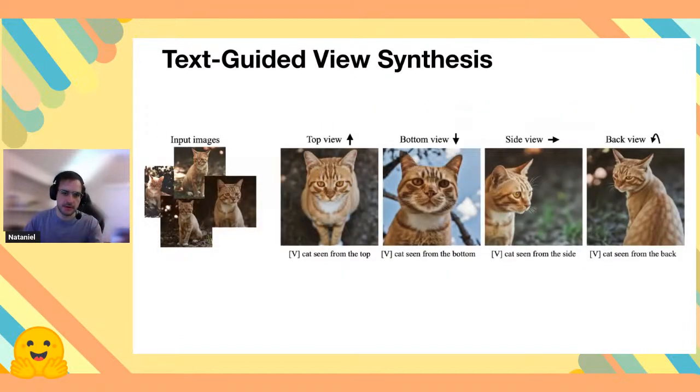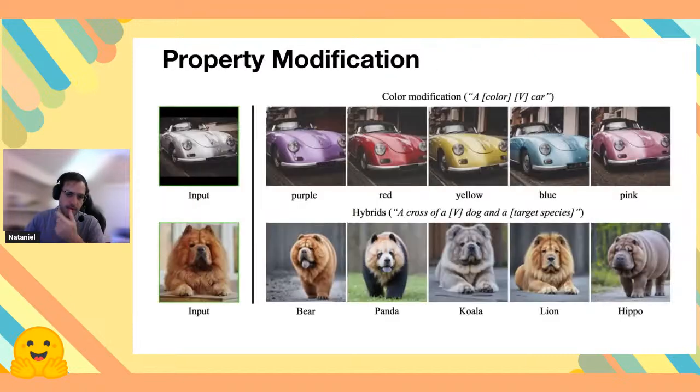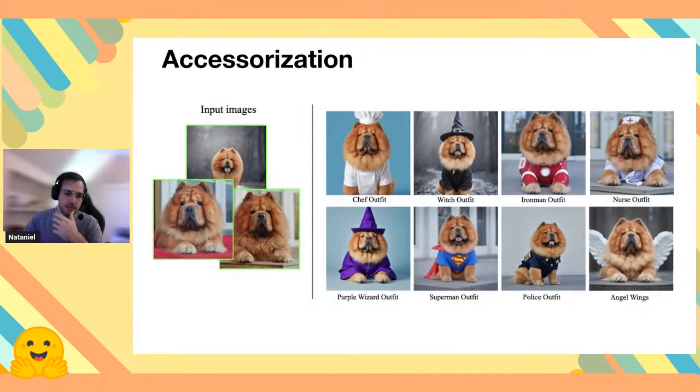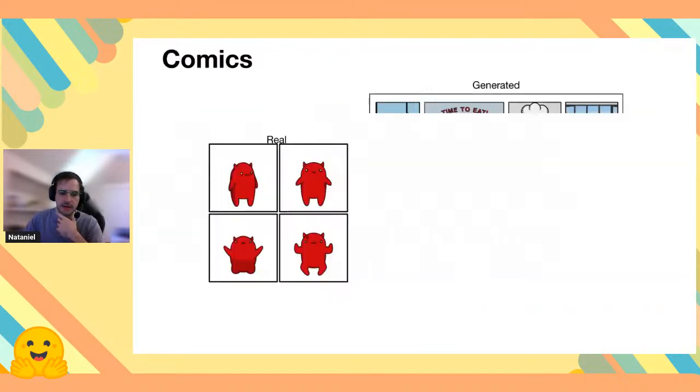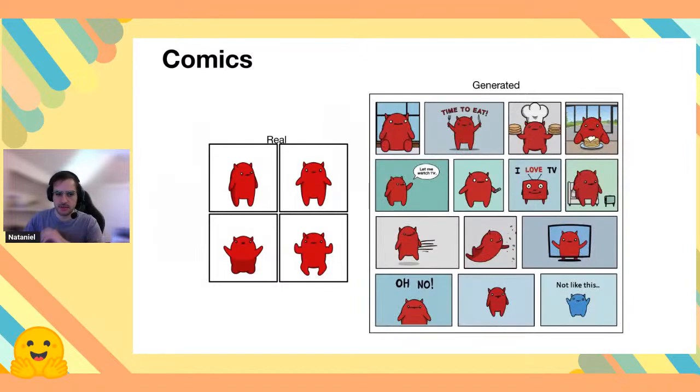You can have text-guided view synthesis, which was a pretty surprising thing about the project. Property modification, such as different colors of cars or hybrids of dog breeds with other animals, and then accessorization. A lot of these you might have already seen, such as the comic, for example. This is also coming out in the new version.